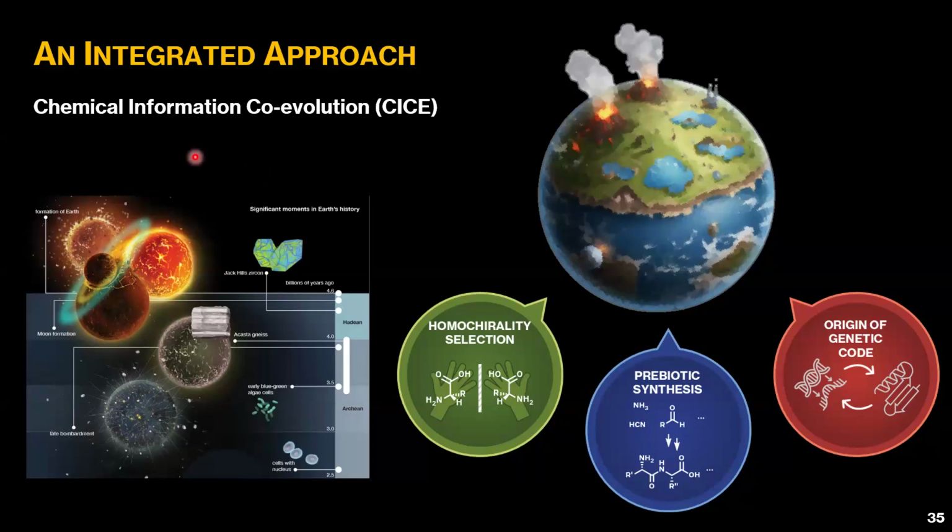We refer to this integrated framework as chemical information co-evolution, CICE. So the core principle of CICE is that the synthesis of matter and the regulation of information were not sequential or independent events, but rather two phases of a single intertwined process.